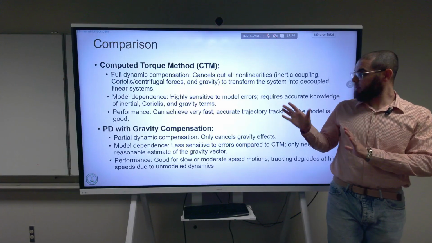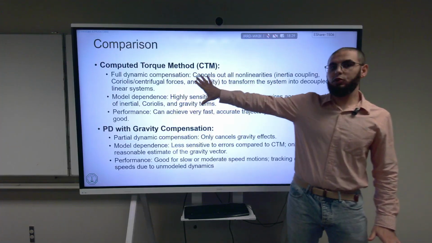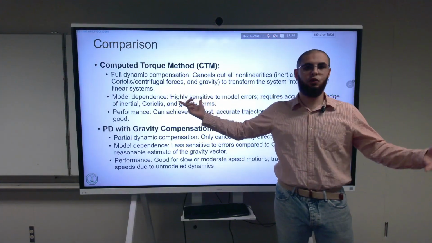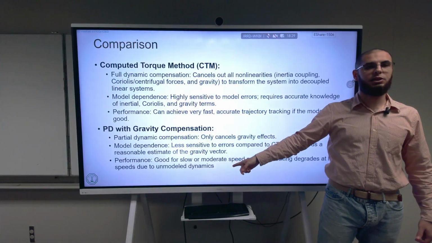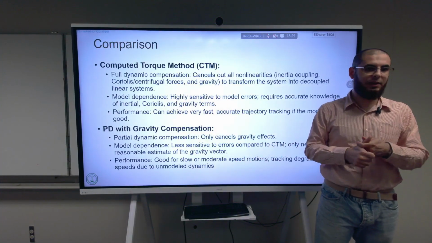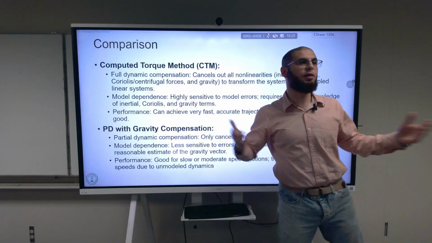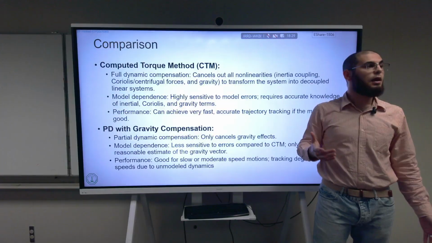Yeah, so practically, the controller, two things. First of all, this controller requires all of this knowledge, which means that it's highly sensitive to any errors that you make. The controller that we have here in the gravity compensation is less sensitive to that. I don't need to know all of this information. That's another advantage. Now, in terms of performance, which one do you think will have a better performance? The first one.